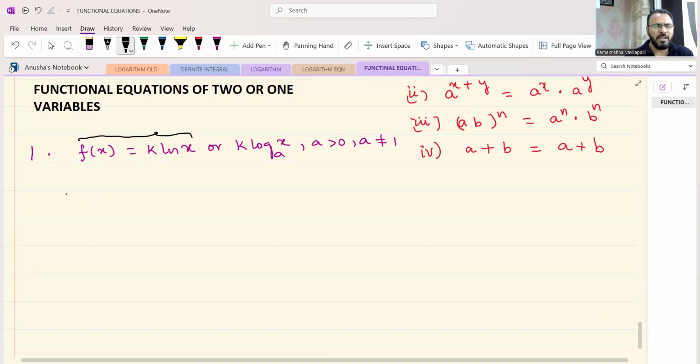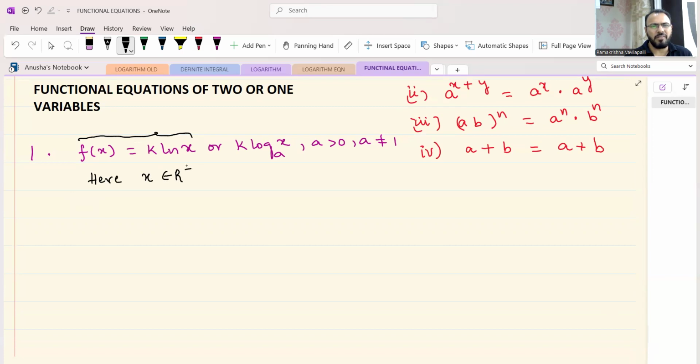Now you see, here x is positive. It is defined only for positive real numbers, so x belongs to R plus. Let x, y belong to R plus. What is f of xy? So f of xy equals k times ln xy.